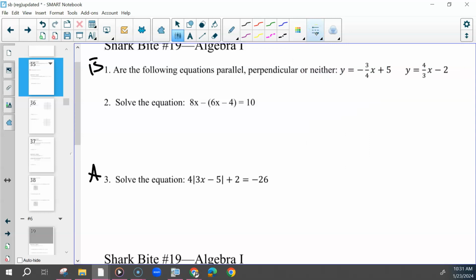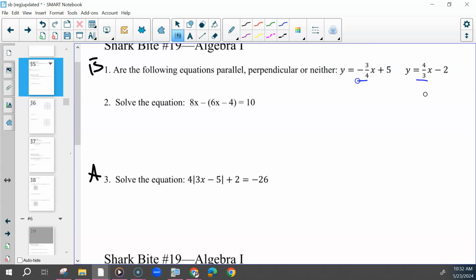Okay, remember that we should be practicing using Desmos for all of these, as many as possible, as these are your mini SOLs, and it is slowly approaching, still don't know dates yet. For number 1, if we were just looking at this, to figure out if this is parallel, perpendicular, or neither, look at your slopes. If they're identical, exactly the same, both positive, both negative, and identical, they would be parallel, but they're not.